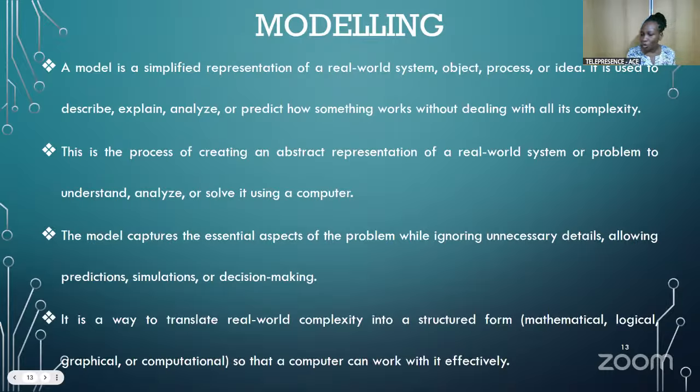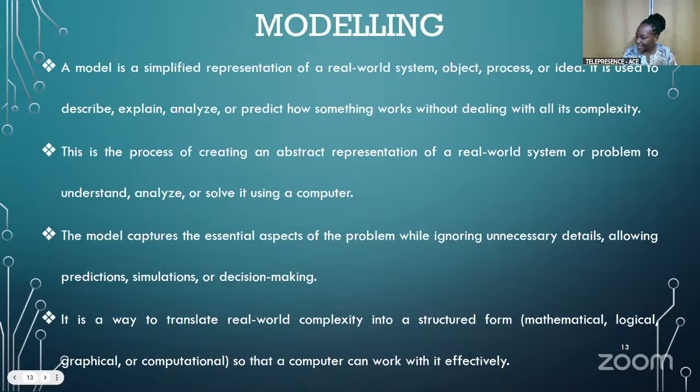Now, modeling. When we are talking about a model, it is a simple representation of the real world. It's like you are abstracting a whole system. Now, it is used to describe, explain, analyze, or predict how something works without dealing with all its complexity. Take, for instance, your body system.